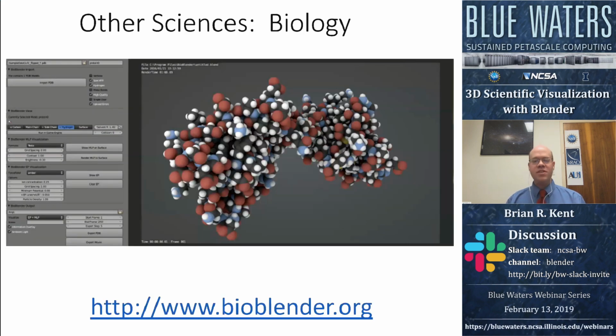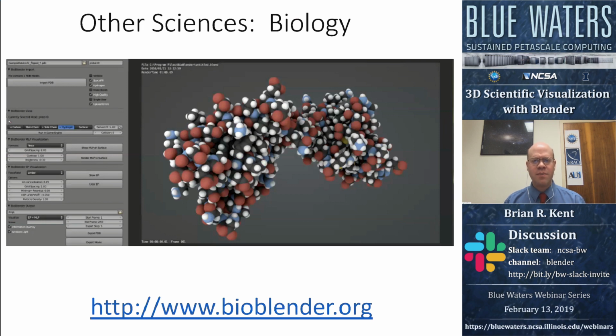But we're not limited to astronomy. We can also take a look at other sciences. And so I would point all of our viewers listening today to BioBlender, which is a great biochemistry project that uses Blender to do renderings of molecules in 3D. And they've actually built their own interface to do the analysis and the rendering.